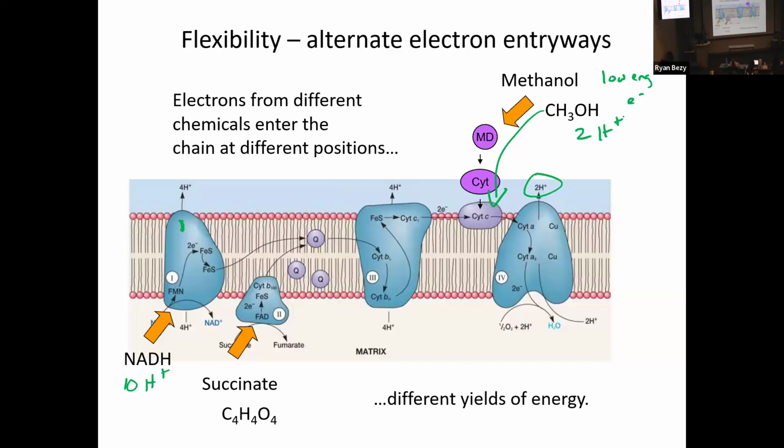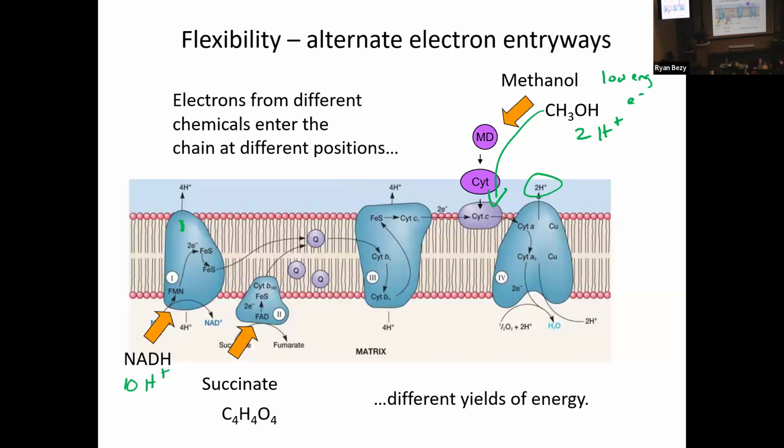It has lower energy electrons. You still get some protons pumped, but less. So you're getting different yields of energy. NADH is one of the more common electron donors because it has really high energy electrons and you get a lot of protons pumped off of it. With other electron donors, you get other amounts. Questions about that?